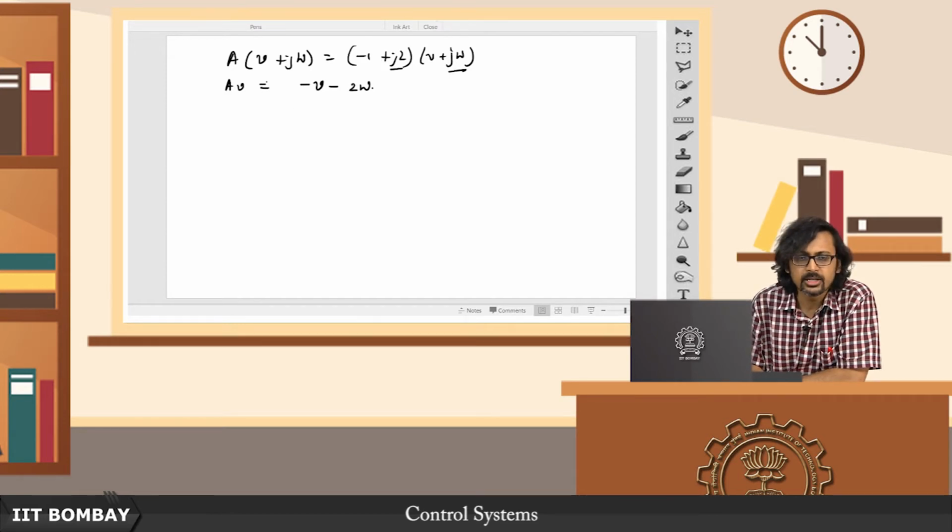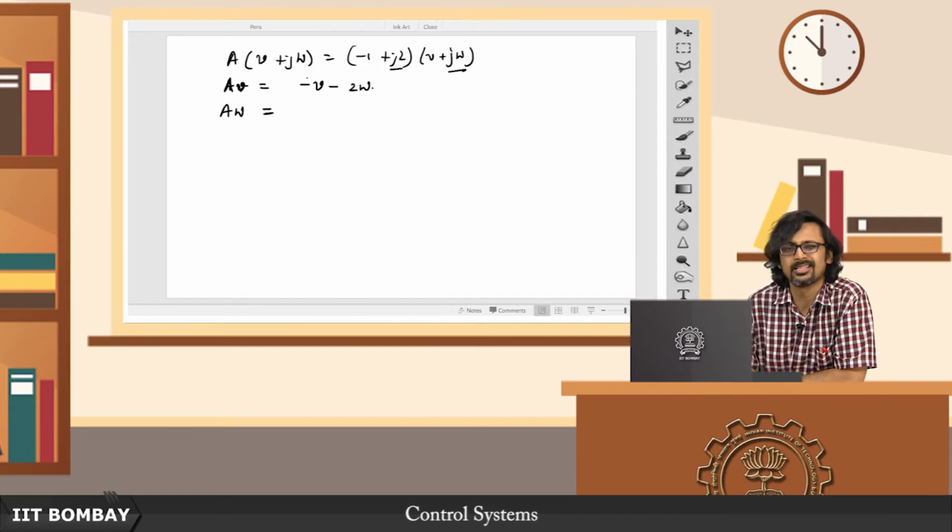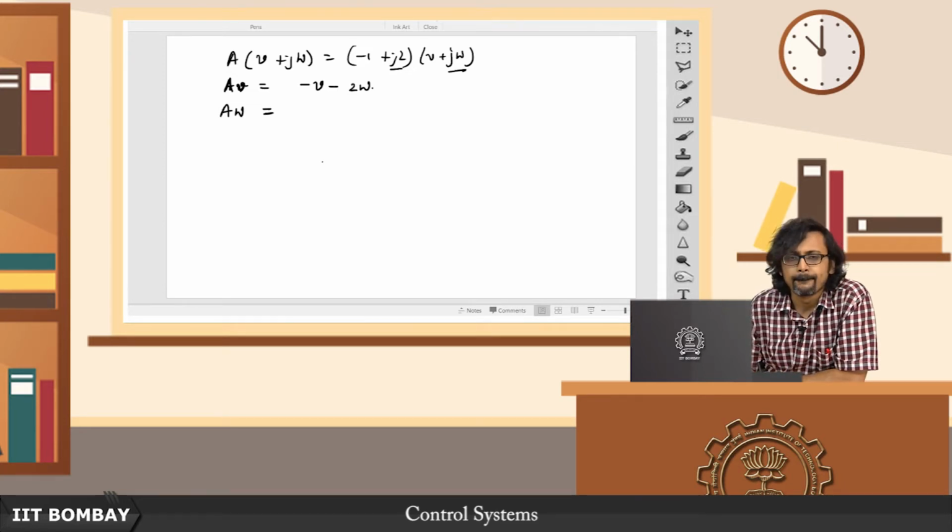And then the imaginary part on the left hand side is AW. Remember these are not numbers but n tuples now: A times V is another n tuple, A times W is also another n tuple. If W is an n tuple, AW is an n tuple; if V is an n tuple, AV is an n tuple. In this case it is just a 2 tuple, since it is a 2 by 2; in general it could be any n cross n.